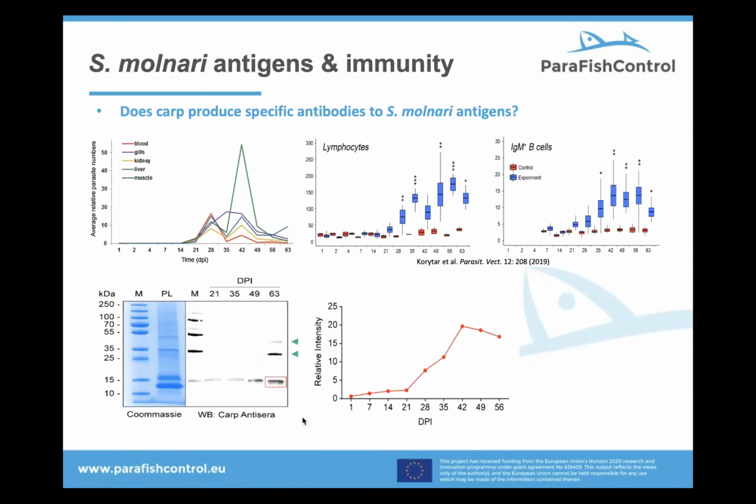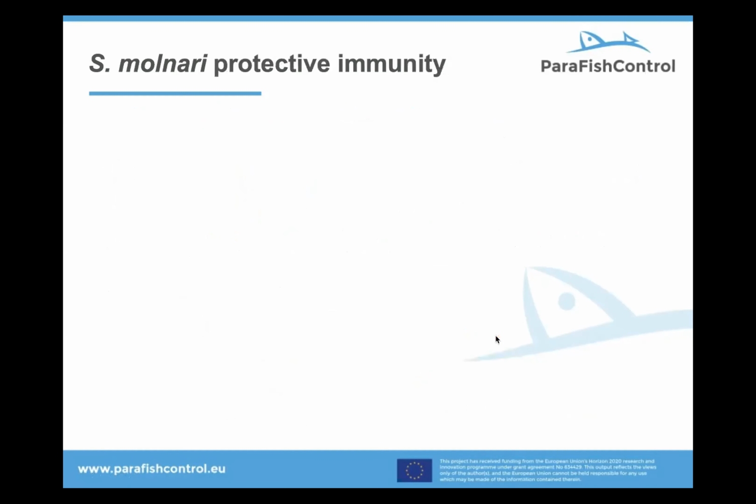But the candidate is good because this 15 kilodalton protein mirrors the infection and the IgM B cell reaction to it. So yes, we have a specific antibody production to the parasite, and we can use this as a starting point for trying to find those molecules.